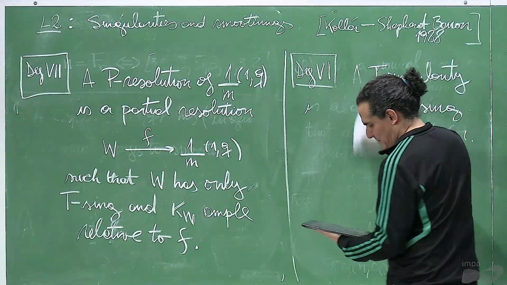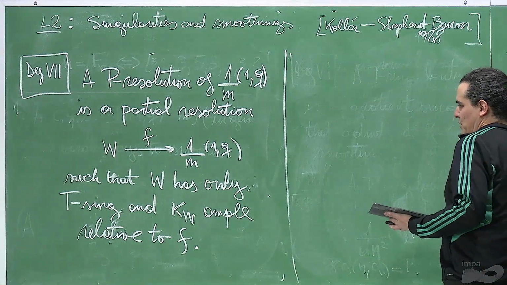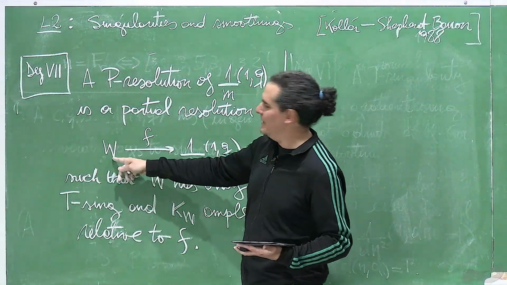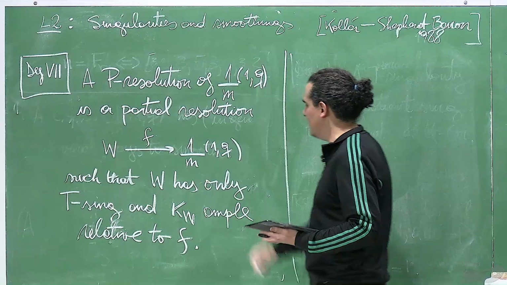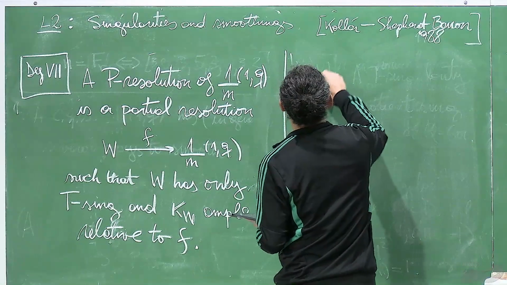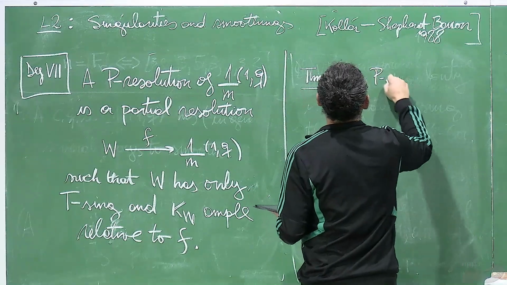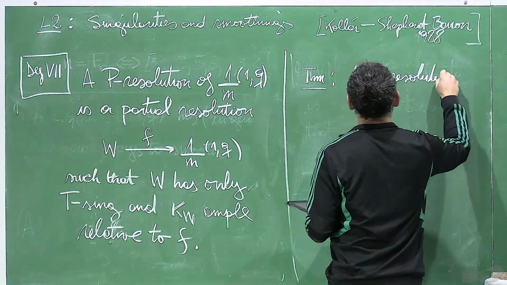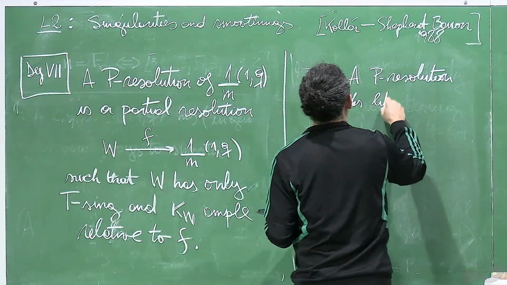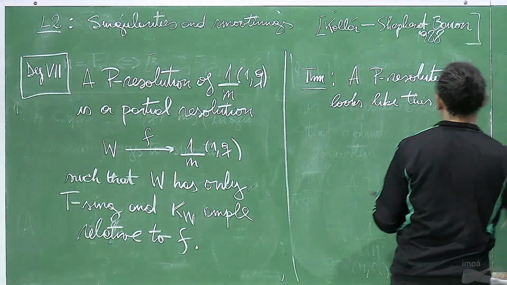Okay, so the theorem then. Maybe at this point you want to have a picture. How do these P resolutions look for a given cyclic quotient singularity? The theorem that Kollár and Shepherd-Barron prove says a P resolution looks like this.